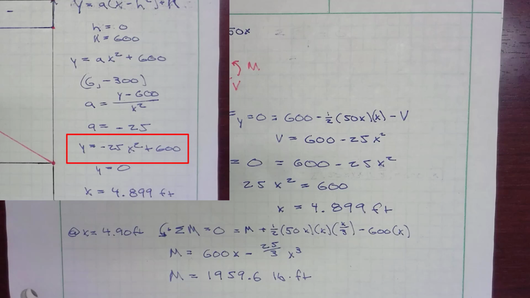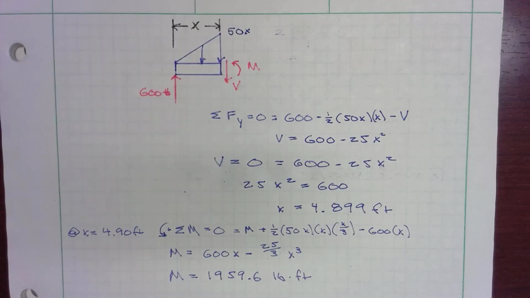Again, what we're doing is calculating the area under that parabola to get our moment value. So I put in 4.9, and I get my moment is equal to 1,959.6 pound-feet. So that is the peak.